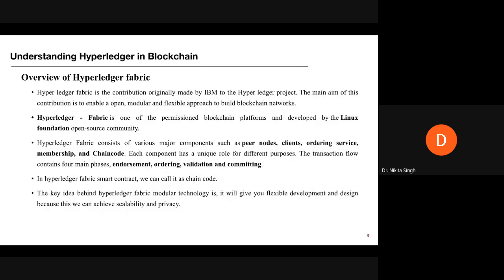If there is a constraint that you want faster transaction verification, then you will not go for proof of work, you will go for some different consensus protocol. So Hyperledger Fabric gives you the flexibility of bringing different modular components into the blockchain as per your convenience.